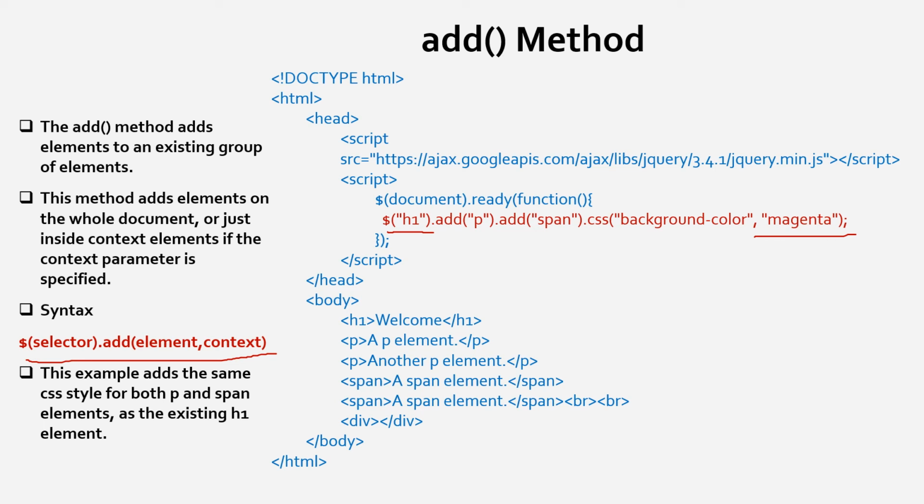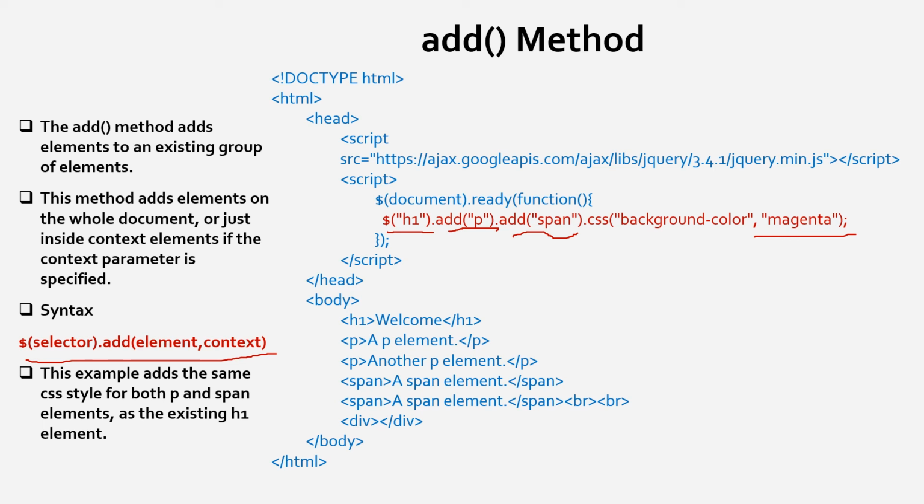Suppose you want to add the same property to paragraph also, you just need to specify add p. Similarly, for the span tag, again you specify add. If you keep on adding like that, that feature is also available for other tags. This is about the add method.